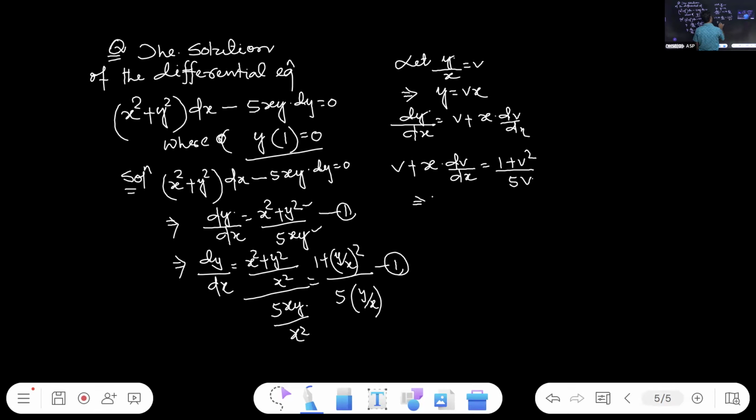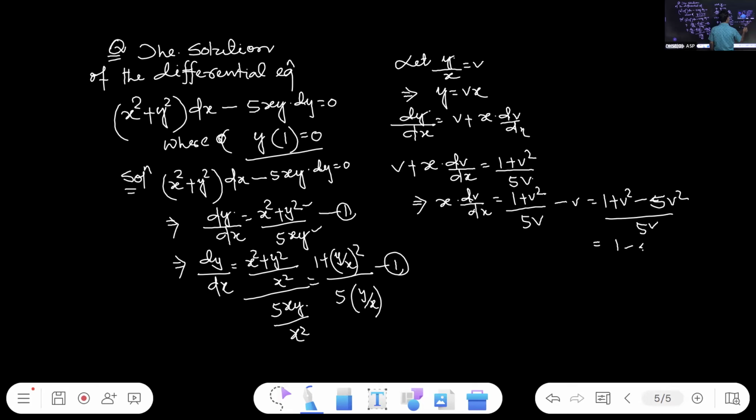This implies x dv upon dx is equal to 1 plus v square upon 5v minus v. This is equal to 1 plus v square minus 5v square upon 5v. This is equal to 1 minus 4v square upon 5v. Now the equation is in variable separable form.